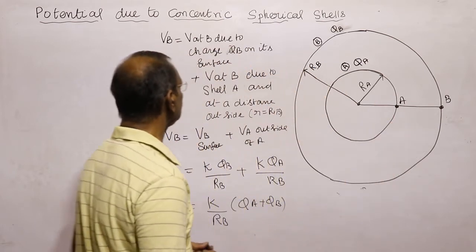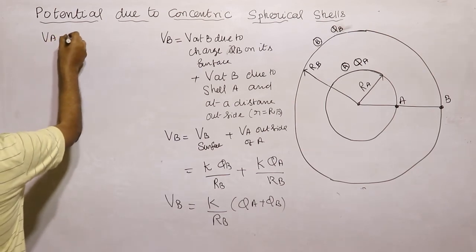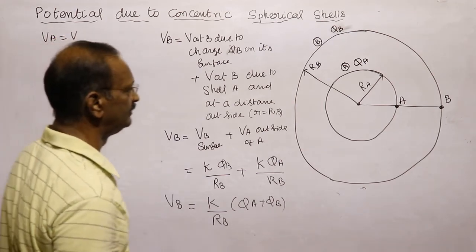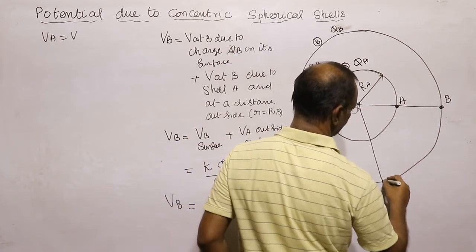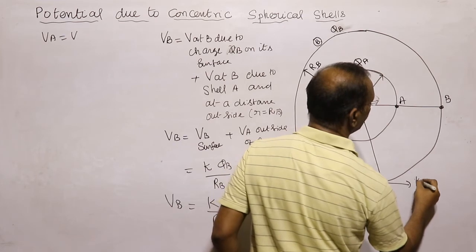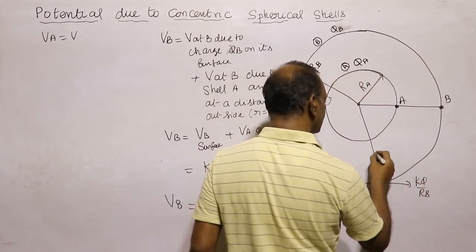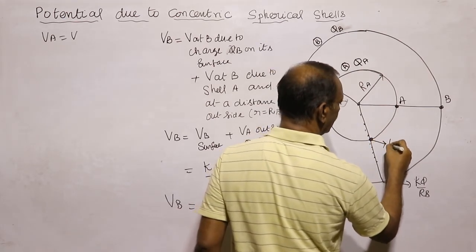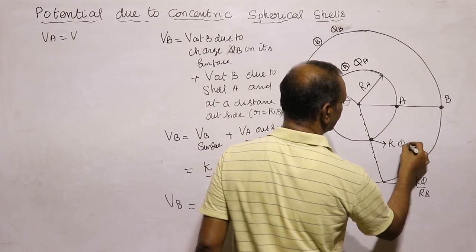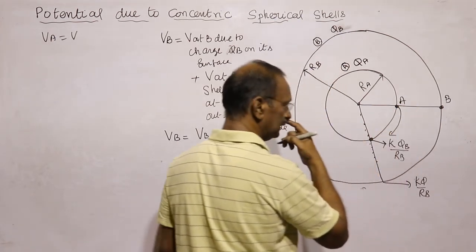Simple. Now the potential at A in this entire configuration is equal to potential A. Already we have seen the potential at B, which is equal to KQ by RB, which is the same everywhere inside. It means at this point also it will have KQB by RB.